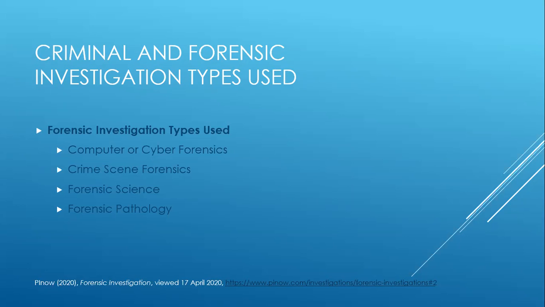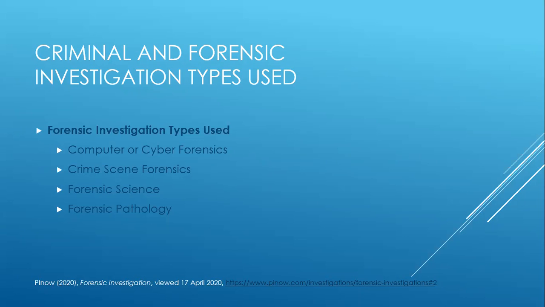Basically, in the forensics type, we have computer or cyber forensics, which is similar to electronic discovery. To solve a crime or find evidence of bad behavior, these forensic investigations recover data from computers and hardware. And another is crime scene forensics.